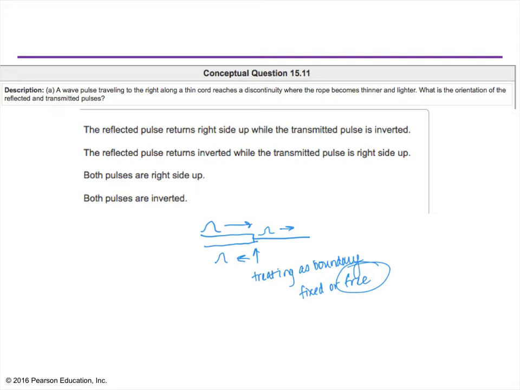But in this case, you actually have more string, so the wave can continue. And so at this boundary, there's actually going to be transmission and reflection. But in both cases, the pulses that are reflected and transmitted are both right side up.